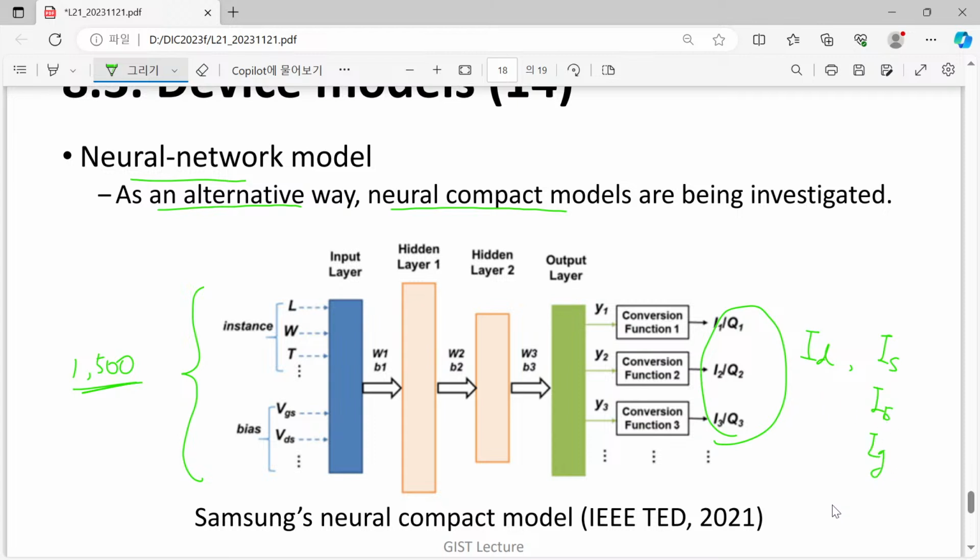And what else? We want to understand the charges, so the drain charge, gate charge, something like that, in order to work with capacitance.